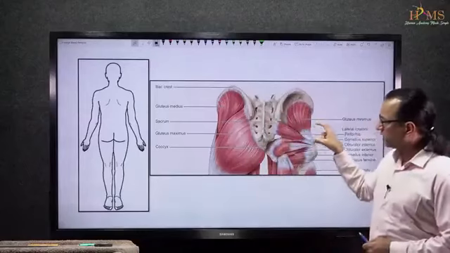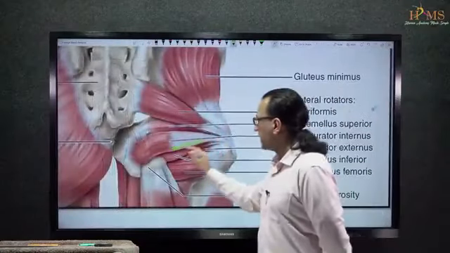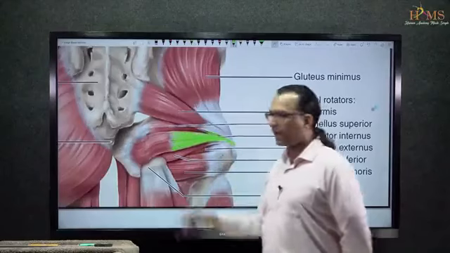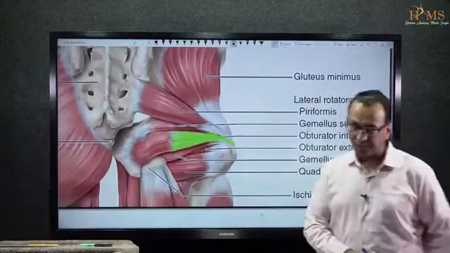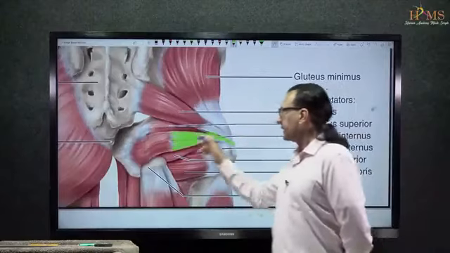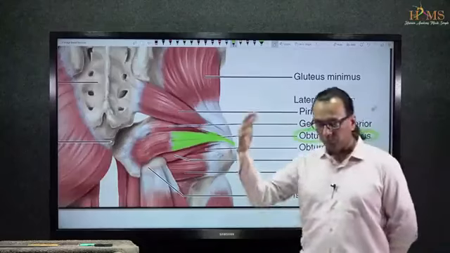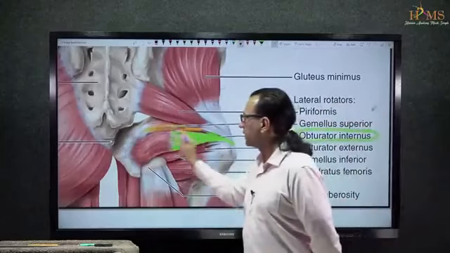Let us zoom this area now. The very first thing you are supposed to do is search for the tendon of the obturator internus. Finding a tendon will be easy among all these muscles. As you find the tendon of obturator internus, it will be sandwiched between two twin muscles, namely the superior and inferior gemellus.